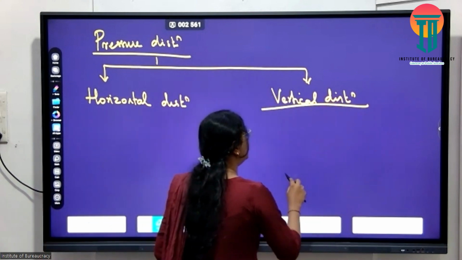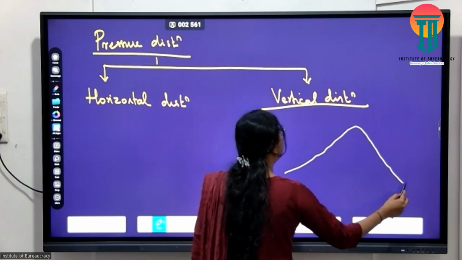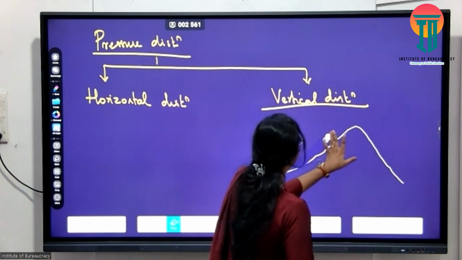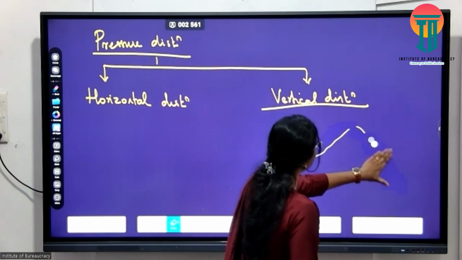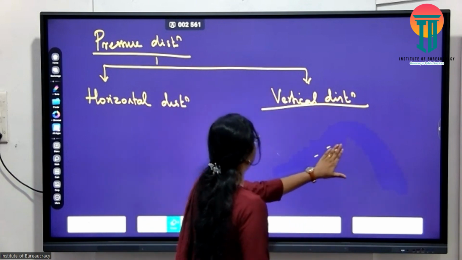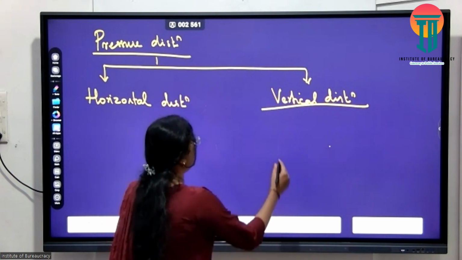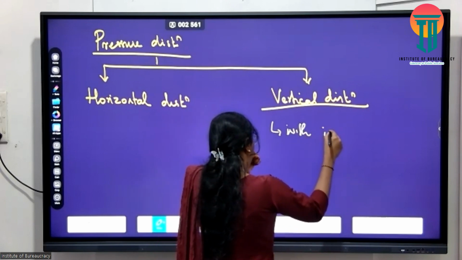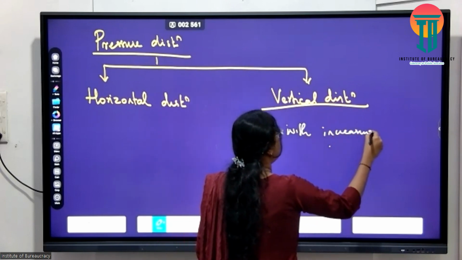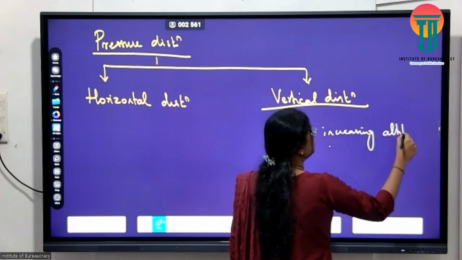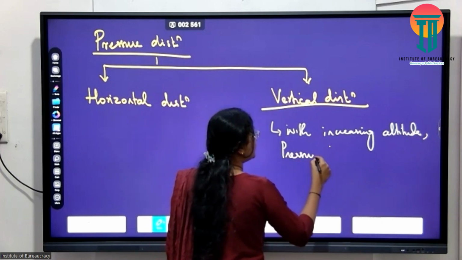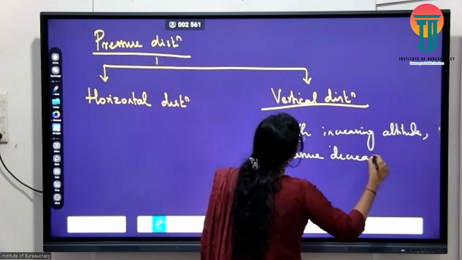Here it is very simple. With increasing altitude, what happens to my pressure? Pressure also decreases. So it is quite simple that with increasing altitude, pressure decreases.